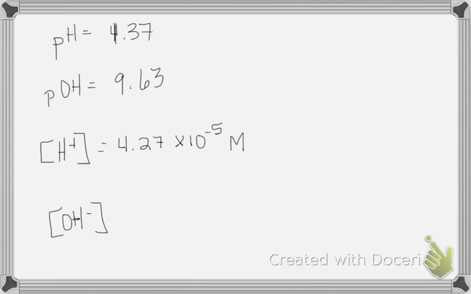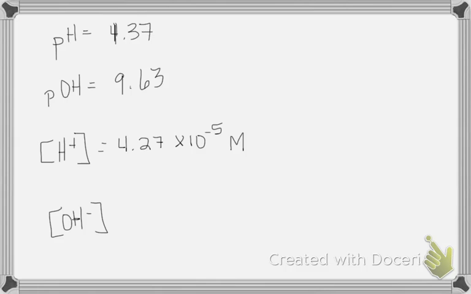How are you going to get hydroxide? There's two ways to do it. You can say 10 raised to the negative 9.63, can't you? Or couldn't you say that the Kw, 1 times 10 to the minus 14, divided by this? Either way, both ways give you the same answer.